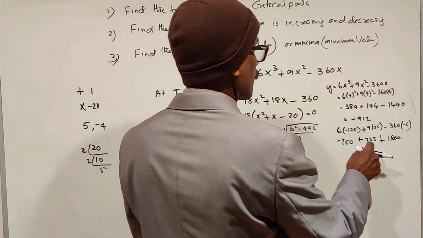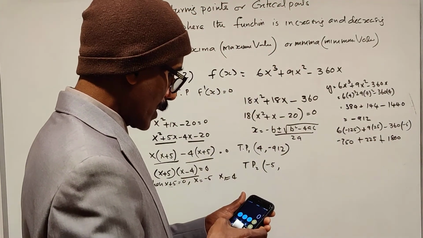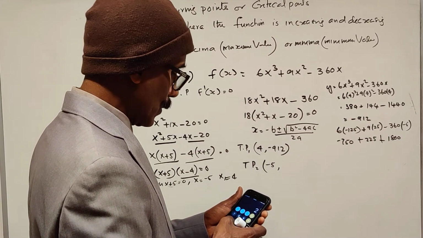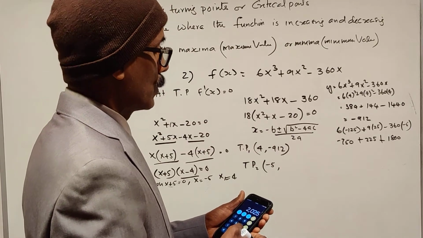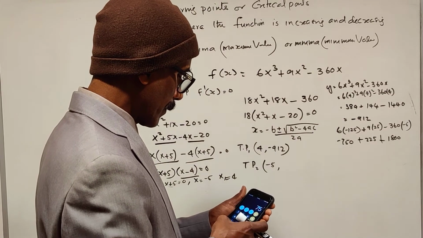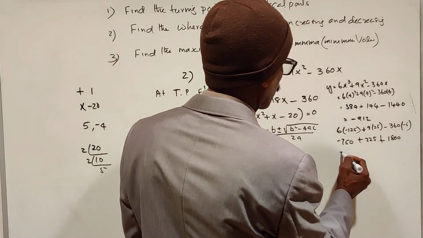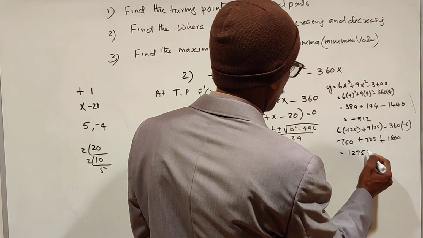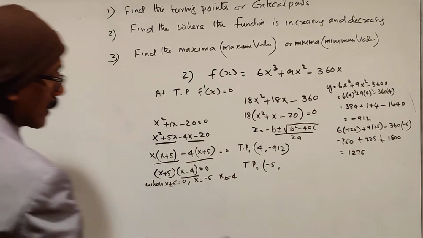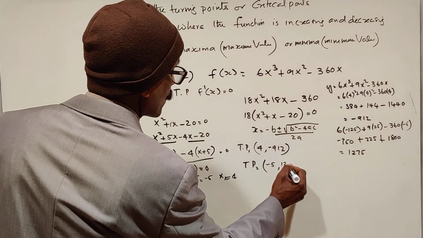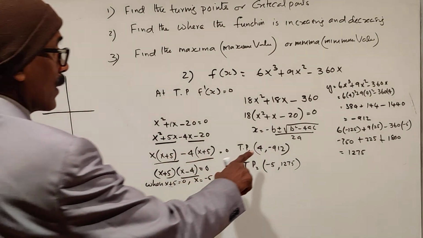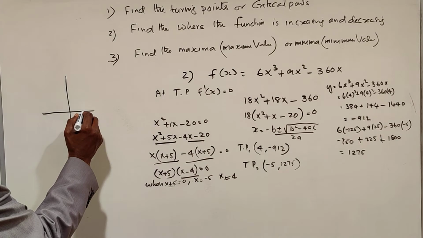So 1800 plus 225 equals 2025, minus 750 equals 1275. So the answer is like this. The two turning points are 4, negative 912 and negative 5, 1275.